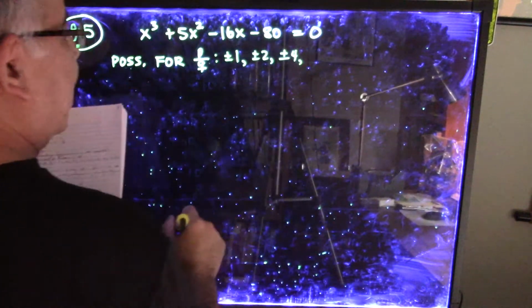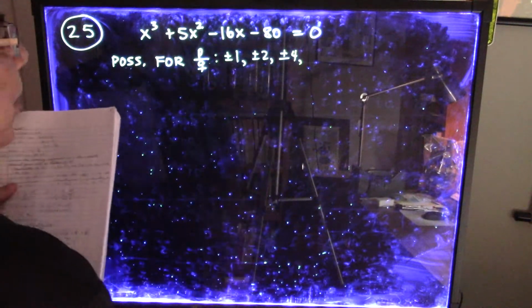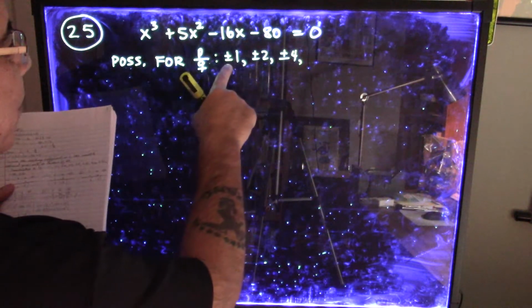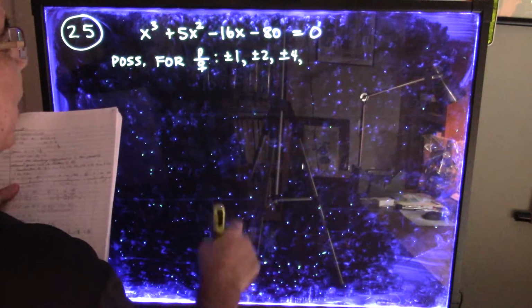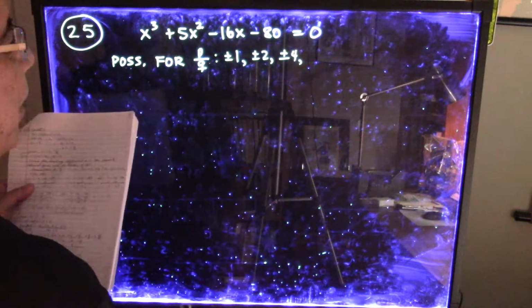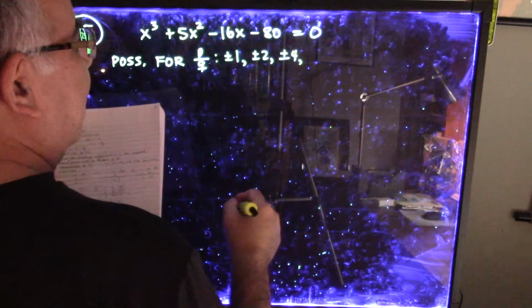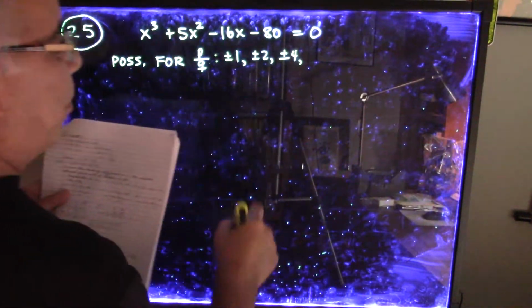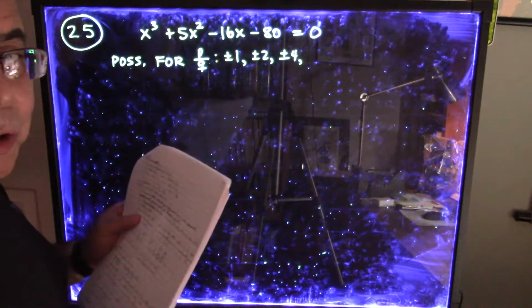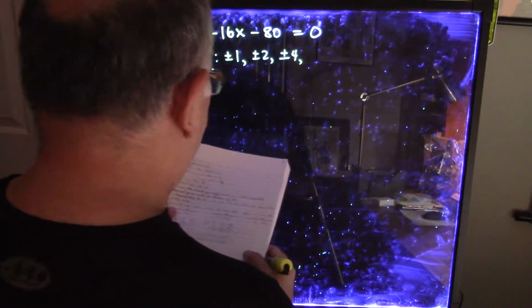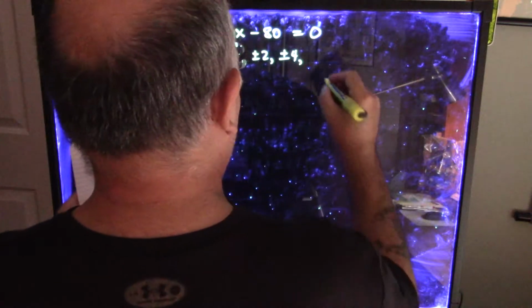and it's always going to be plus or minus, so if you do this on scratch paper, there's really no need to write plus or minus all the time. You could put a big plus or minus in front of all of these if you wish. All right. If this were a test situation, I would write it down like this just to be sure you don't get marked off for something like that. All right.